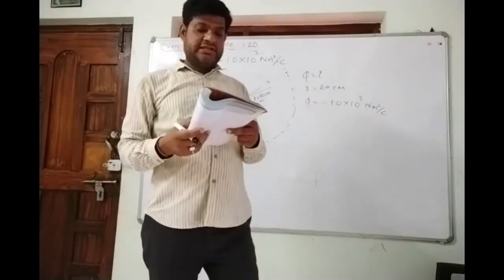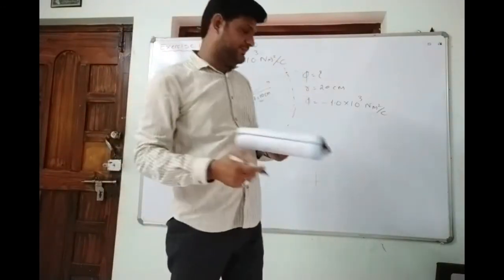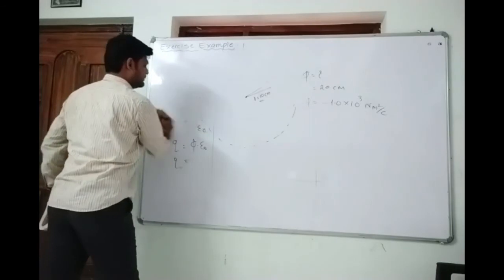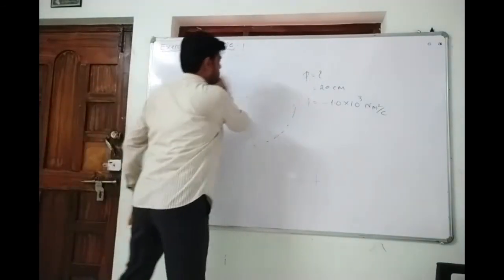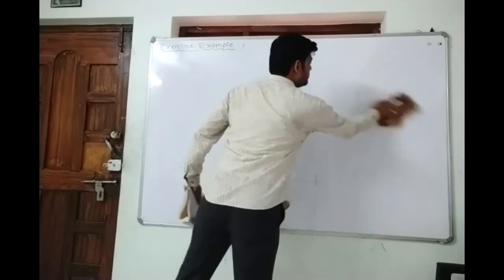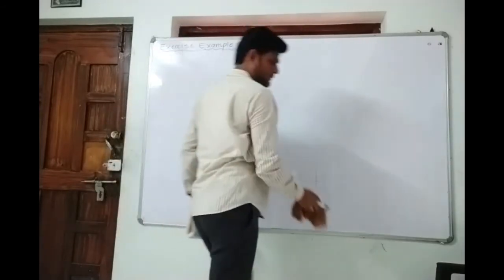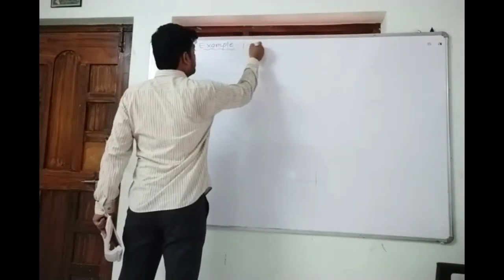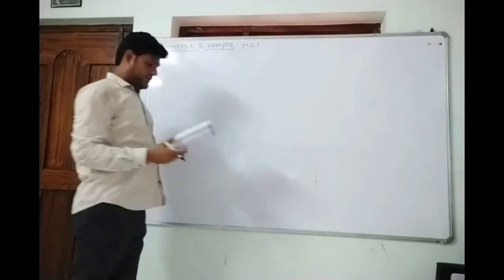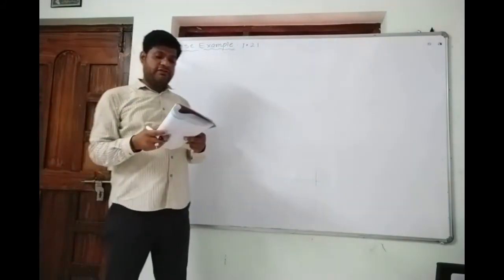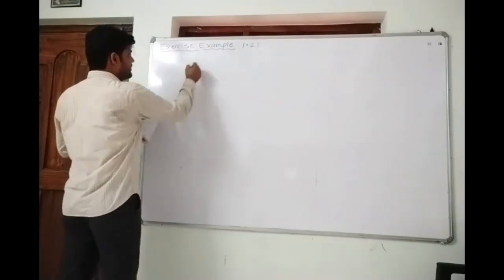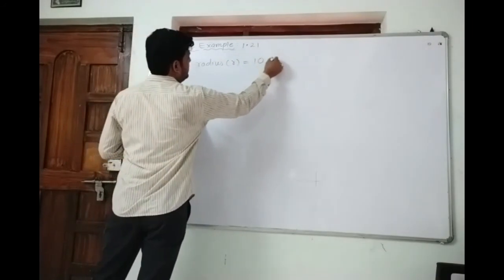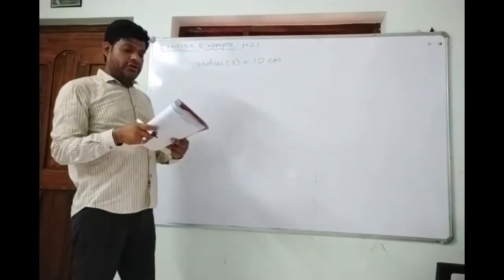Now we will see example number 1.21. A conducting sphere of radius r equal to 10 centimeter has an unknown charge.